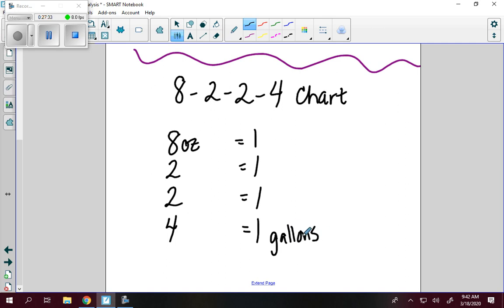So my next unit up from ounces, which would be a little bit bigger, would be 1 cup. And then I think about pints and quarts. And I never can remember whether pints are smaller than quarts or quarts are smaller than pints. So if my mom said, hey, go get a quart of milk, I'm like, cool.